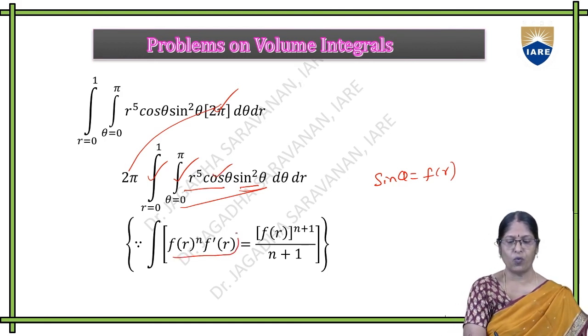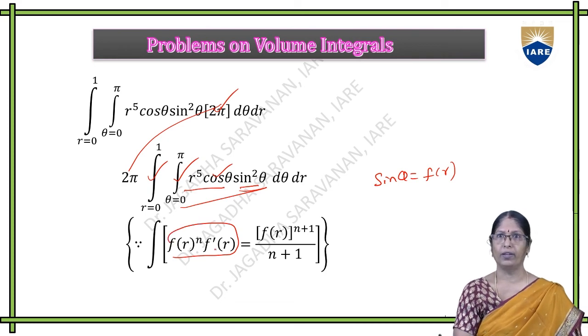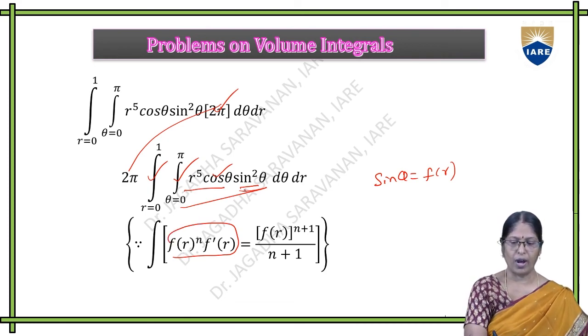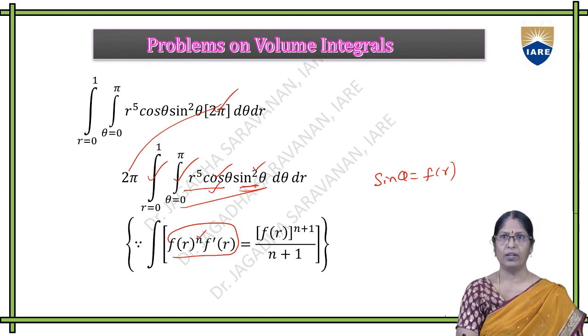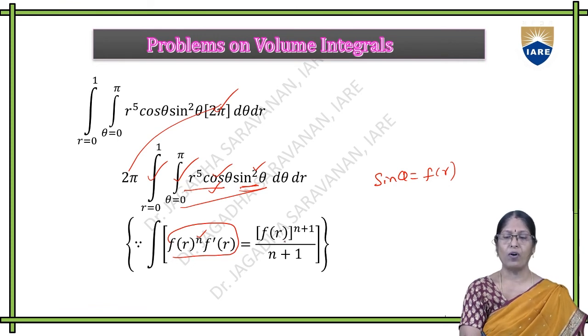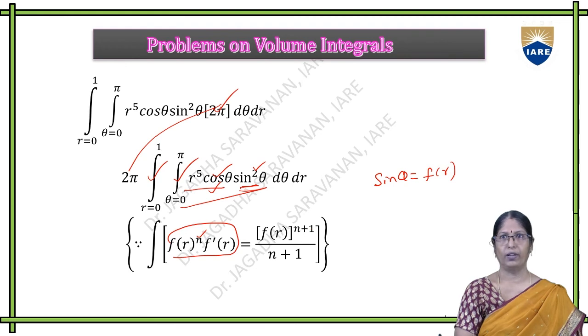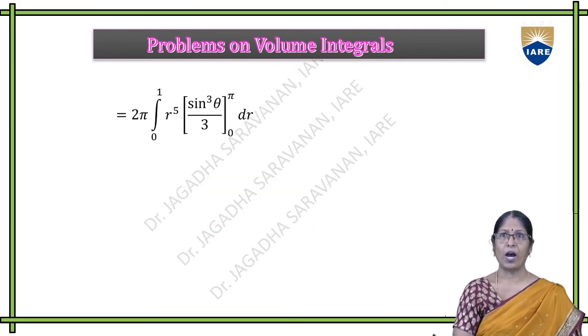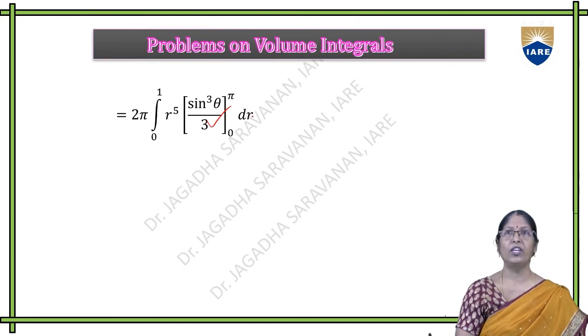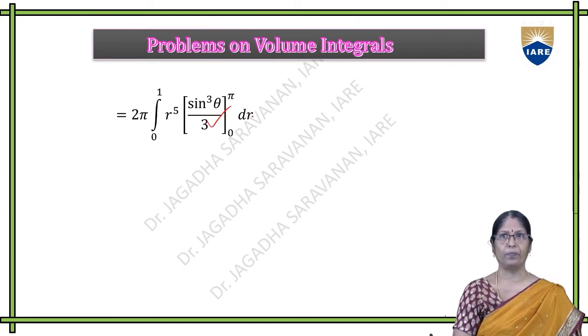Completely it is in the format of this formula, that is f of r power n times f dash of r, where n is playing the role of 2. So we can write it as f of r power n plus 1 by n plus 1. Our n is 2, so substituting in this integral formula, we obtained the result sin cube theta by 3.